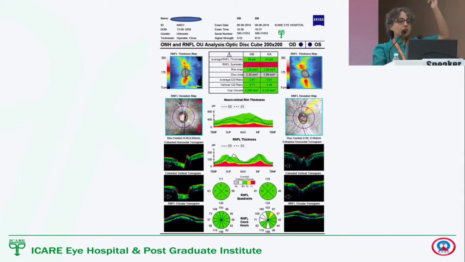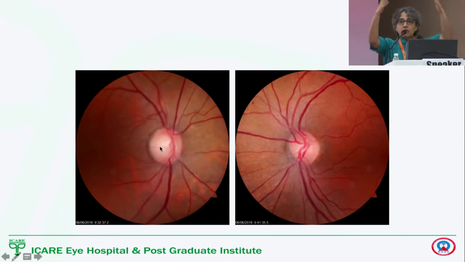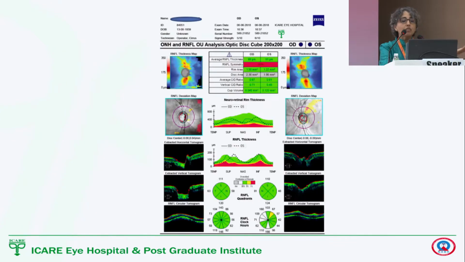It's torted. So if you go back onto the image now and look at the nerve picture, the right eye is a normal vertically oval disc, whereas the left eye is oval, but it is rotated. It's not a tilted disc, but it's a torted disc. And when the nerve, which is attaching to the globe straight, becomes torted a little, your retinal nerve fiber layer pattern will also change.